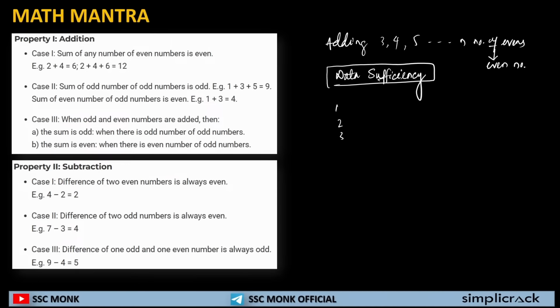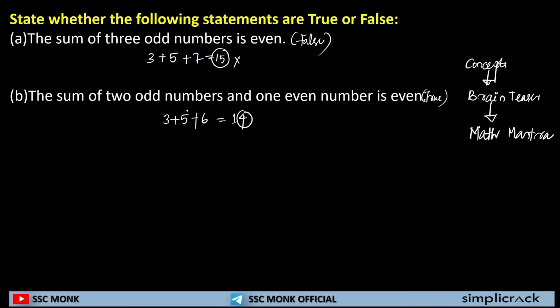First case, if you add any number of even numbers, you will get an even number. Case 2, sum of odd numbers. If I add 3 odd numbers, I will always get an odd number. But if I add an even number of odd numbers, like in the last question, here we are adding 2 odd numbers. Here 2 means what?